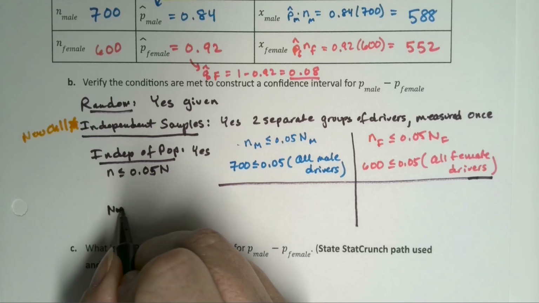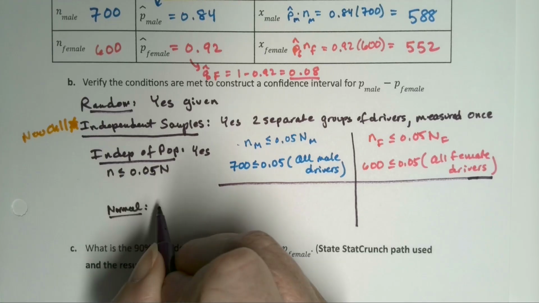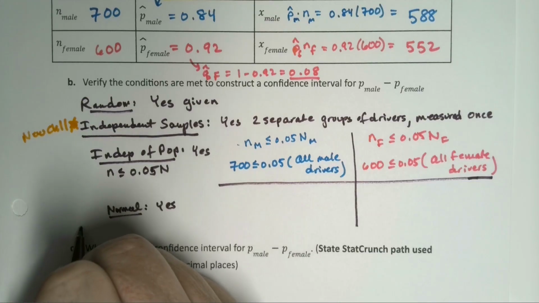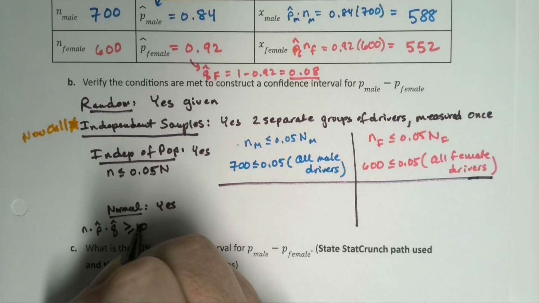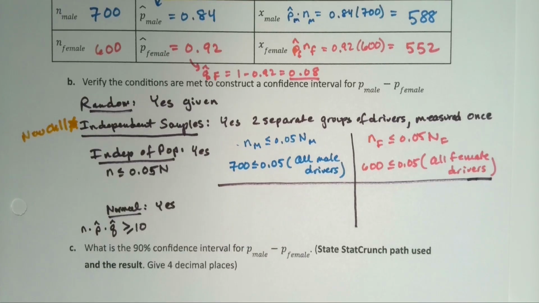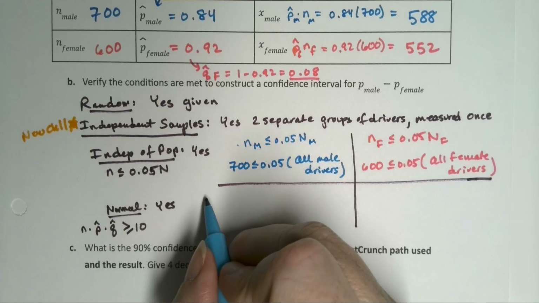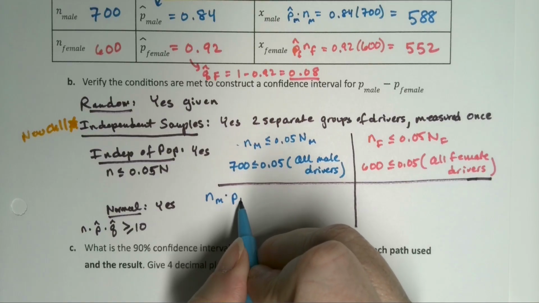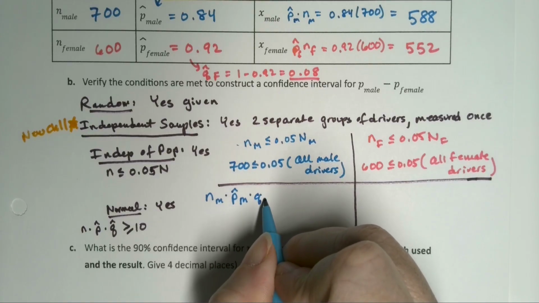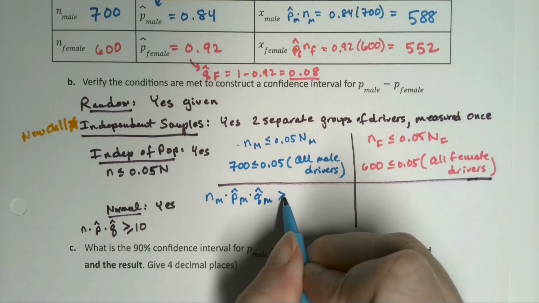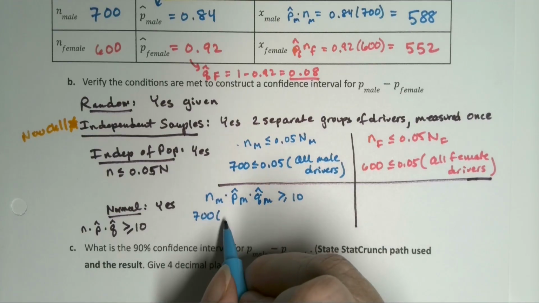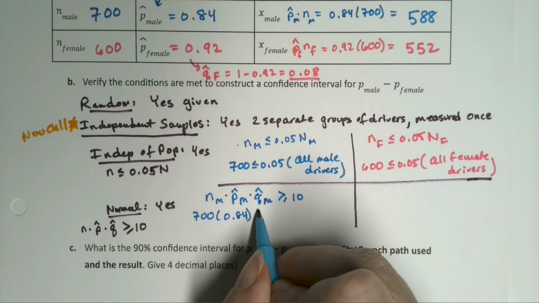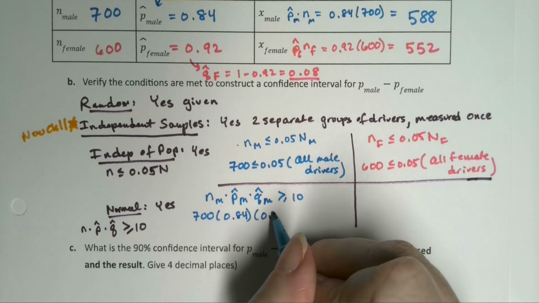Now we need normal. Normal is going to be a yes, but we have to prove it. It's n times p hat times q hat greater than or equal to 10. So you see why I was finding the q hats up there. I need n for the men times p hat for the men times q hat for the men to be greater than or equal to 10. So n was 700, p hat was 0.84, q hat was 0.16.